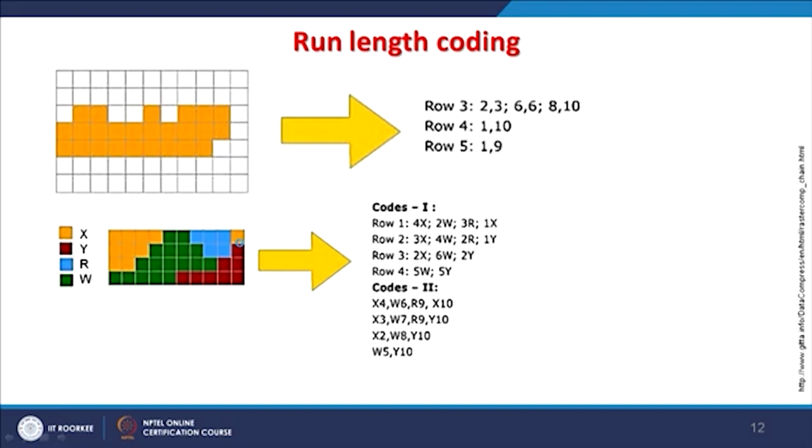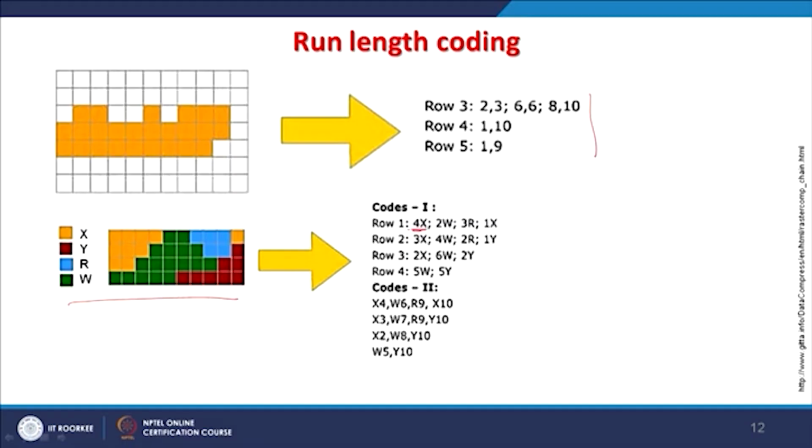like the example given at the bottom, then a simple run length code will be done like this. But here we have 4 categories instead of 2, so for each category we have to provide one more code.